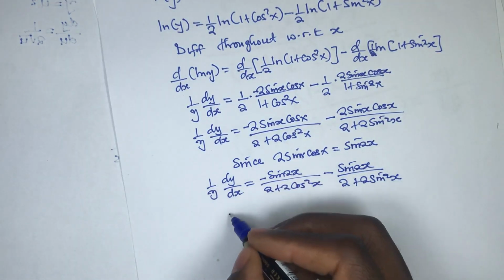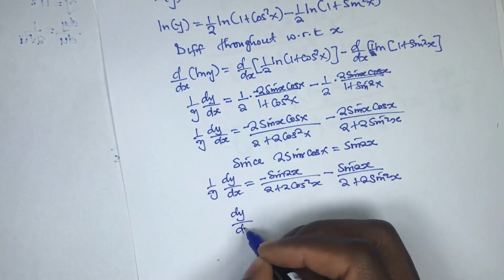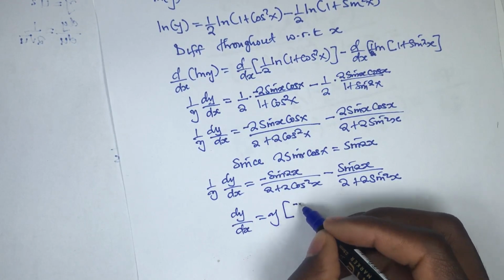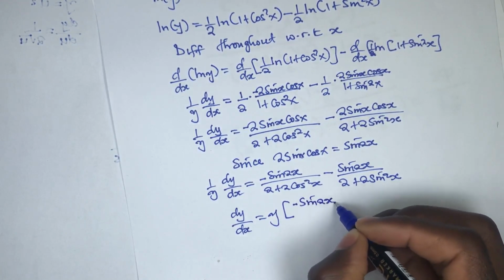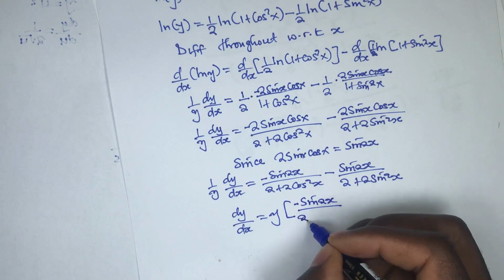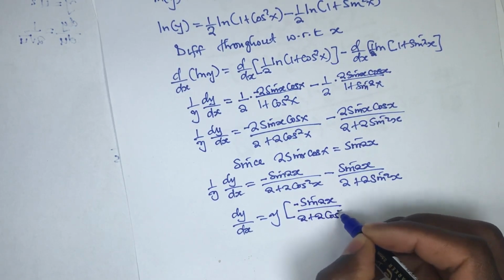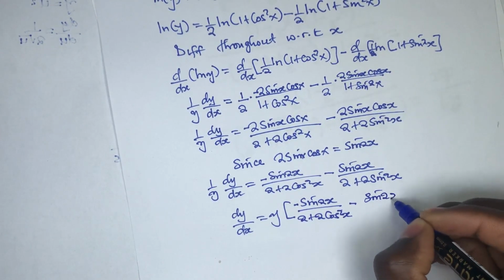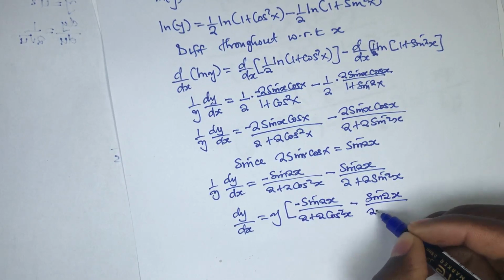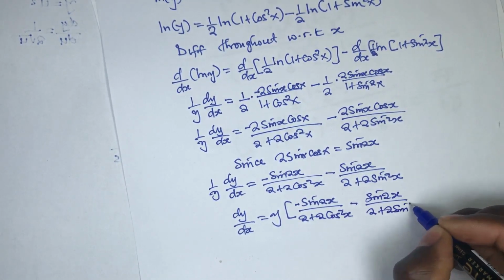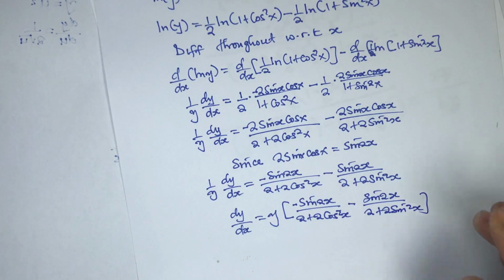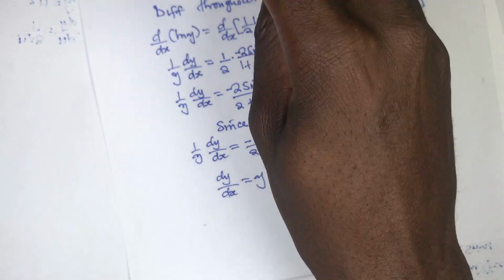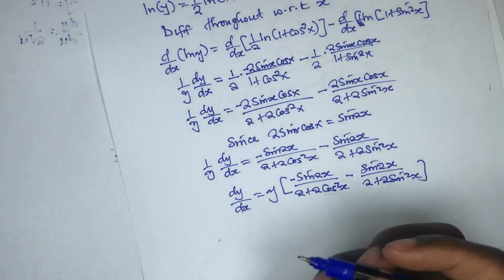If we do that, we have dy/dx equal to y multiplied by negative sin 2x divided by 2 plus 2 cos squared x, minus sin 2x divided by 2 plus 2 sin squared x, like this. Then the final step, where there's y, we make a replacement by putting in the original function that we have.